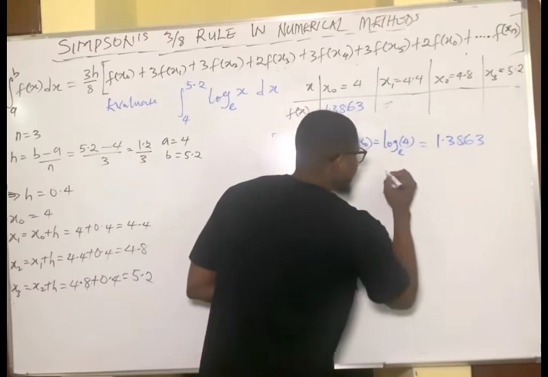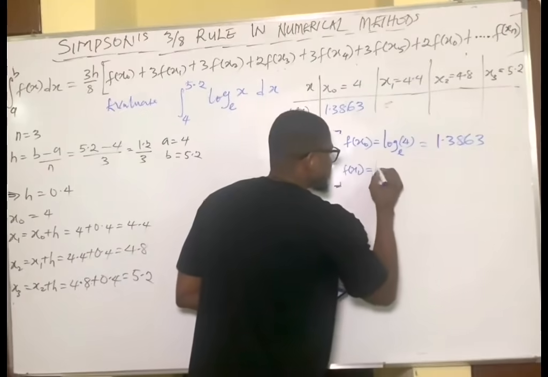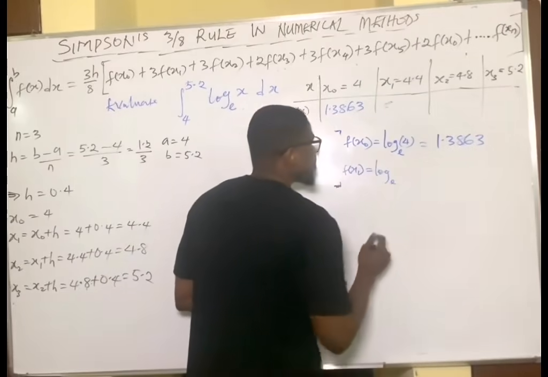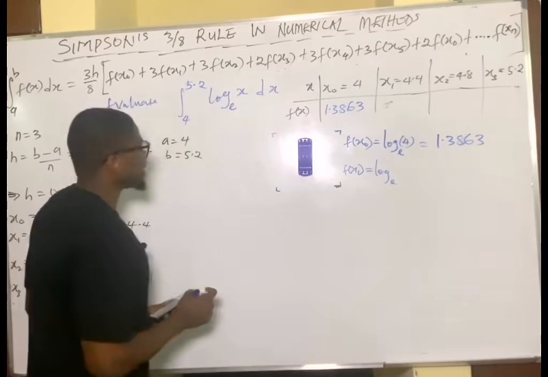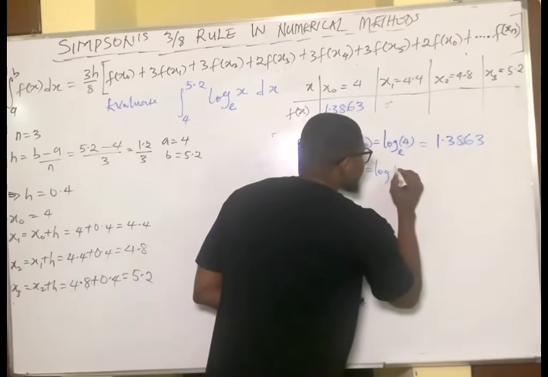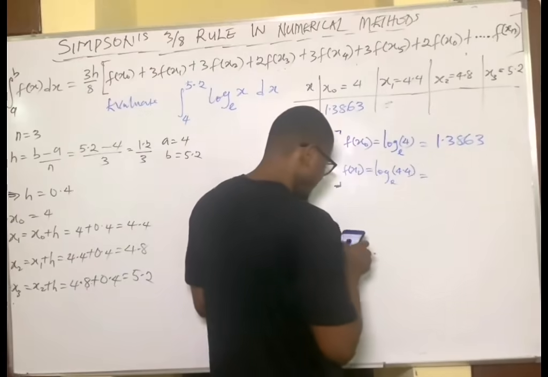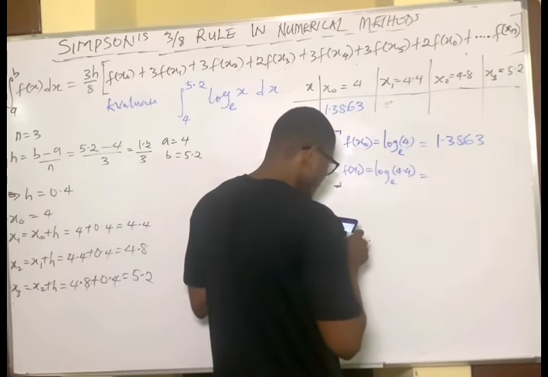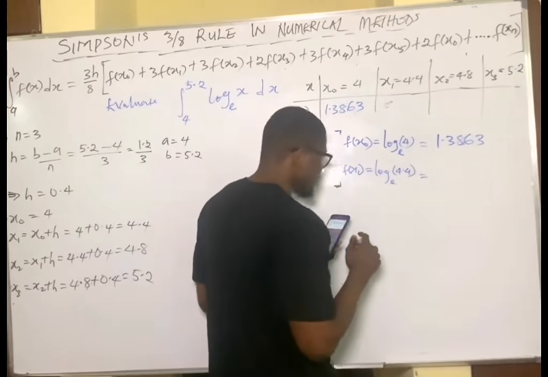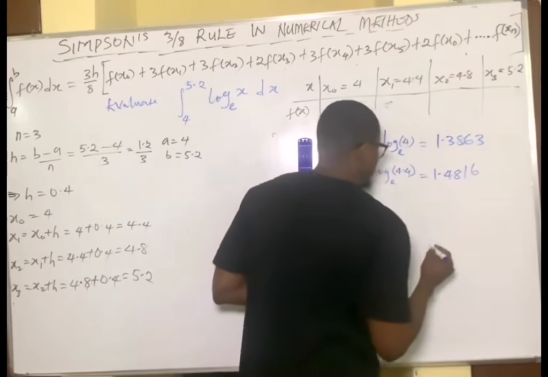Next, we find the value of the function when x is x1. We find f of x1. This is going to be log to base e of x1, and our x1 is actually 4.4. So log to base e of 4.4 gives us 1.4816 approximately.